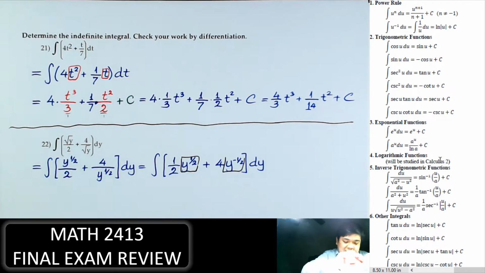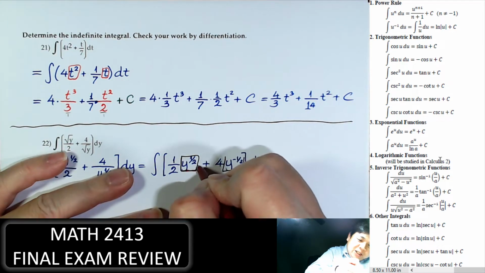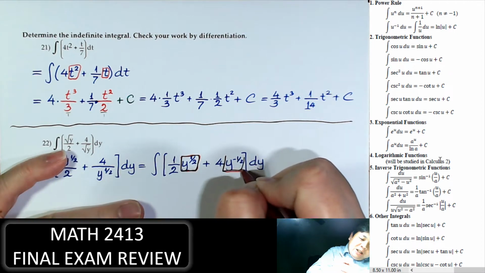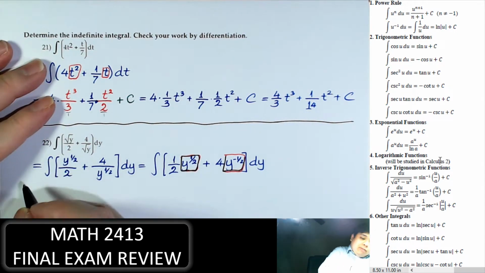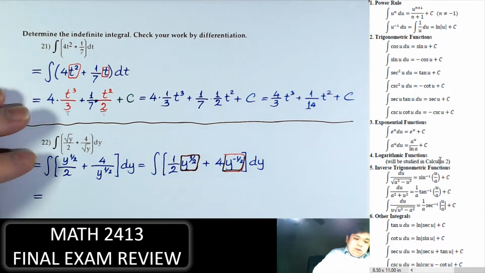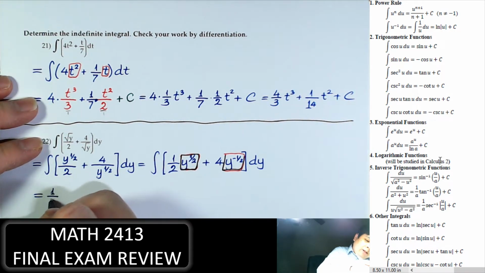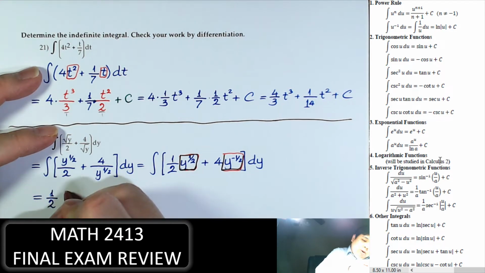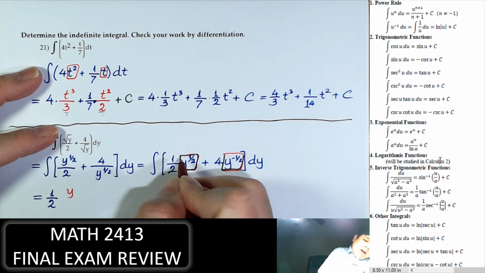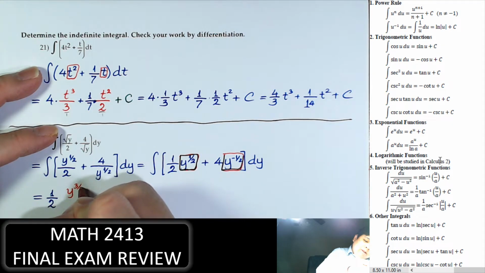The rules for those powers. We have 1/2. Increase the power by 1. 1/2 increased by 1 is 3/2.